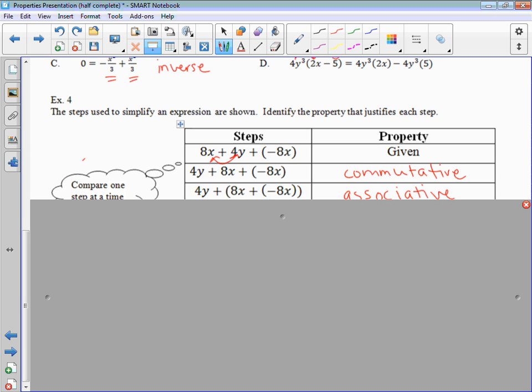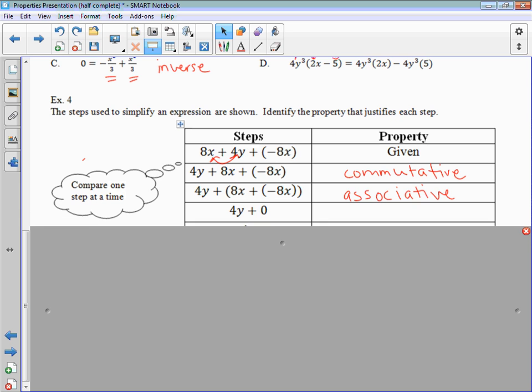And some of you, I think, were already looking at what the next step is going to be. Remember, we're just looking at one line at a time. So now if we only look at these next two. Okay, what's different now? Is the 4y different?